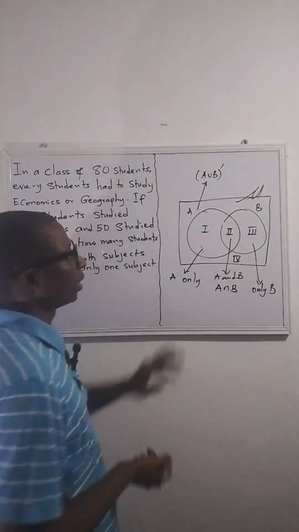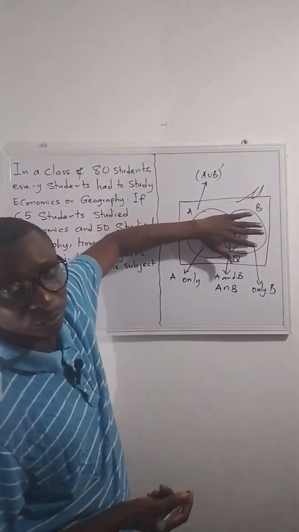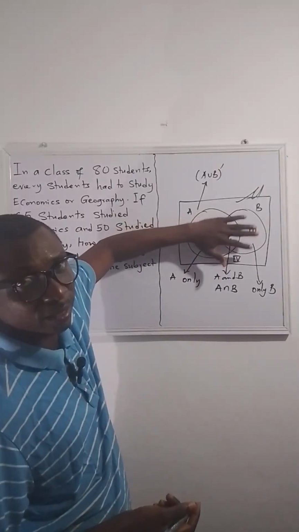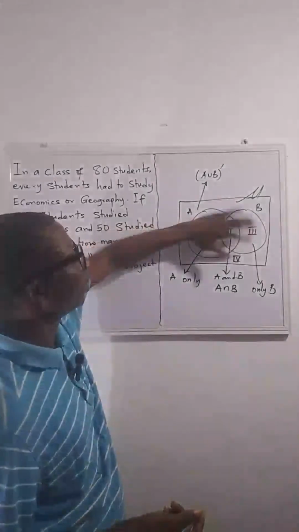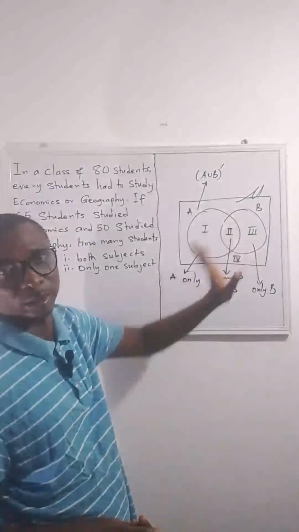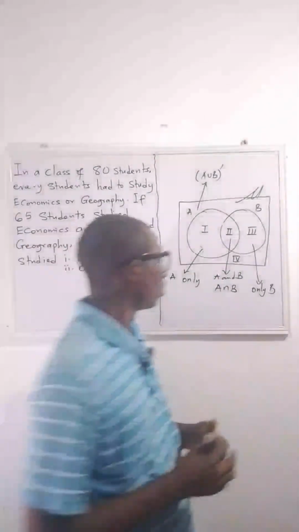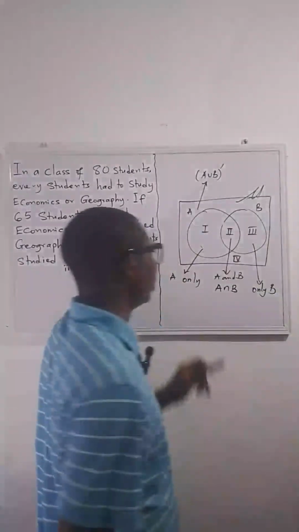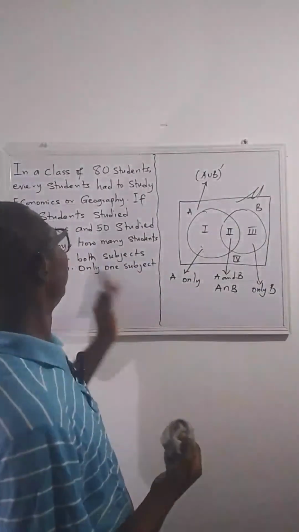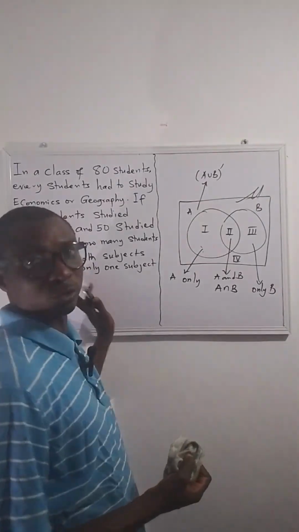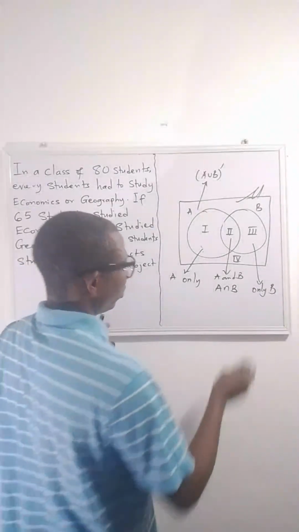That is the complement of A union B. Those elements that are not in A and B are the ones outside. I want to believe you understand this. So now, from what I just explained to you, we are going to be applying that to solve this problem.